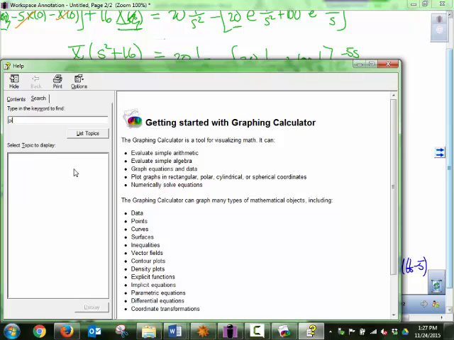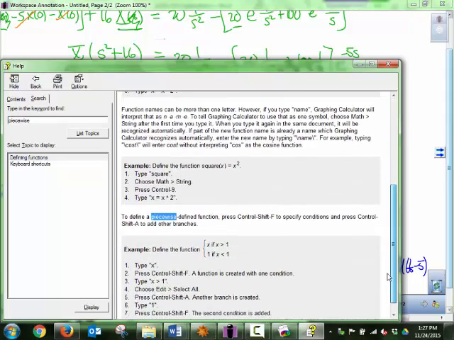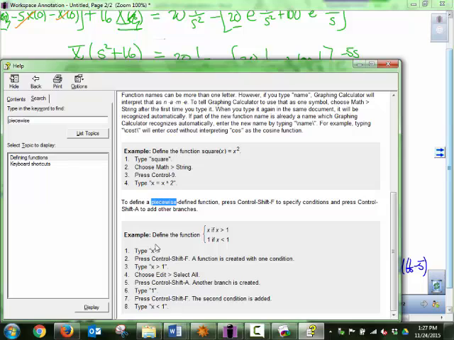Piecewise. So type x, Control Shift F. Select all, Control Shift A. All right, let's see if I can remember that.